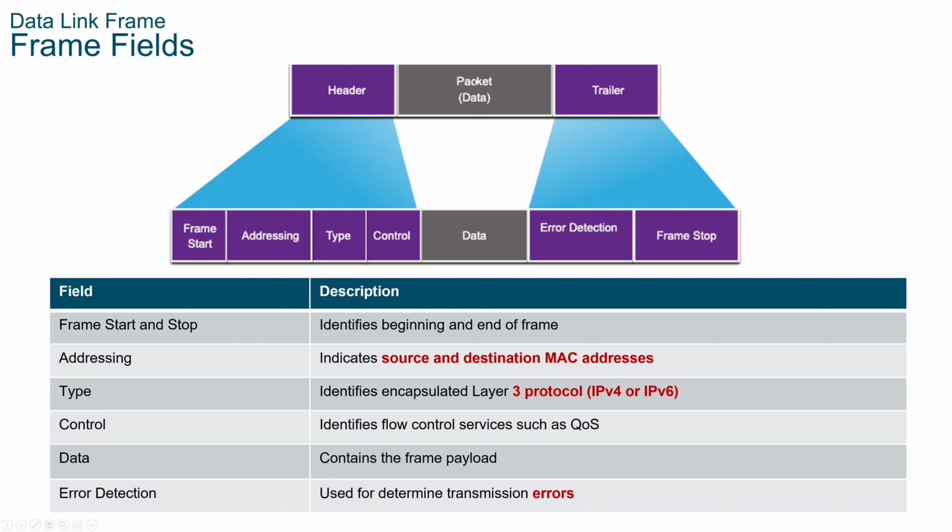The data, which is the packet itself, contains the frame payload. That means whatever data you are trying to send. Error detection is used for determining transmission errors, just to prevent any transmission issues. And the stop frame, which is not on this list, basically shows the end of the frame that you're sending.